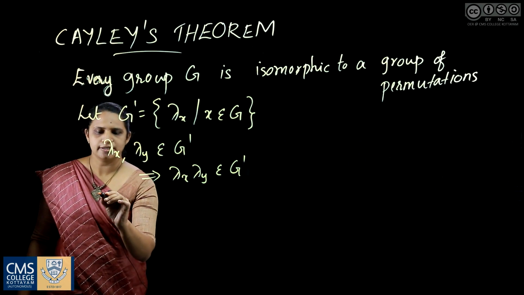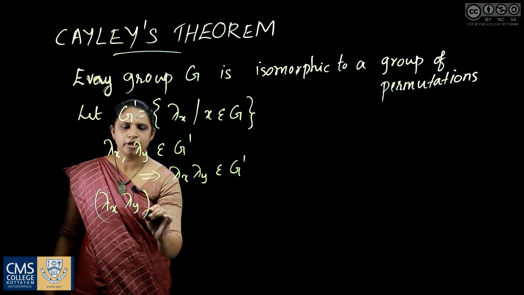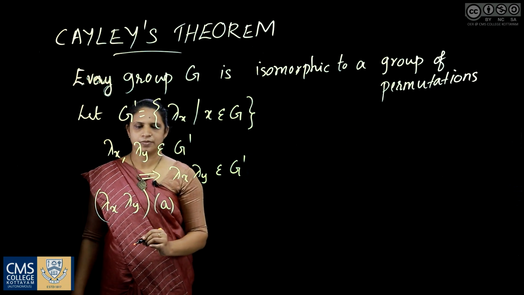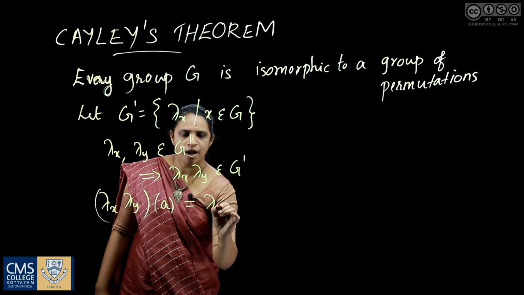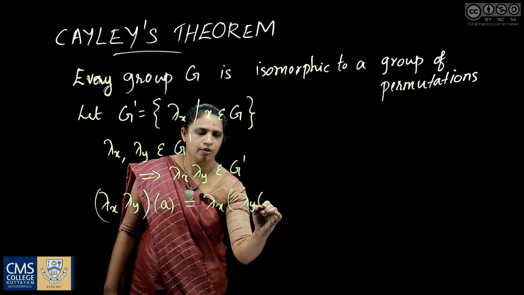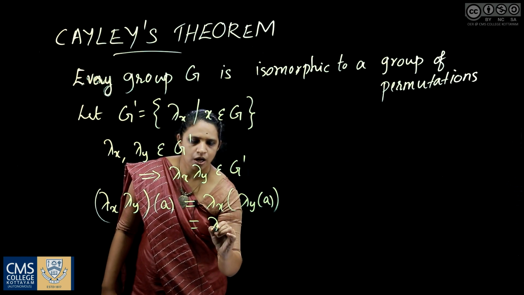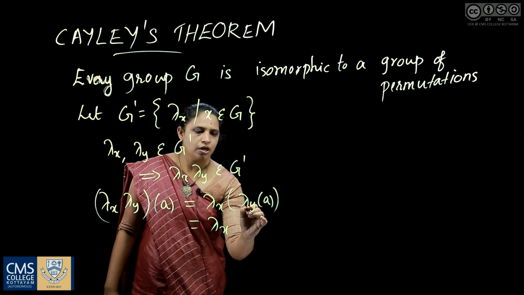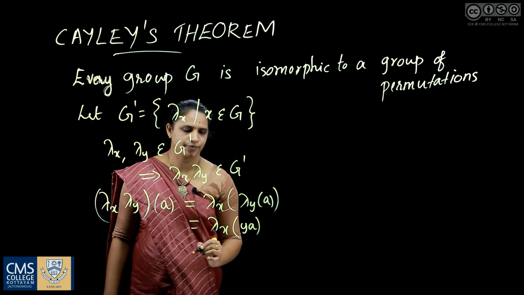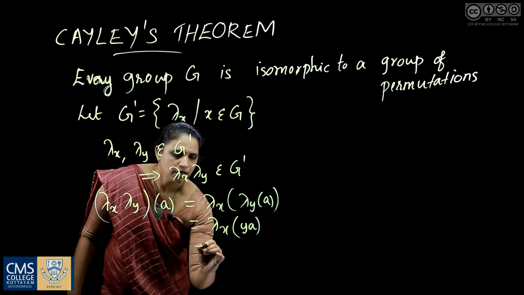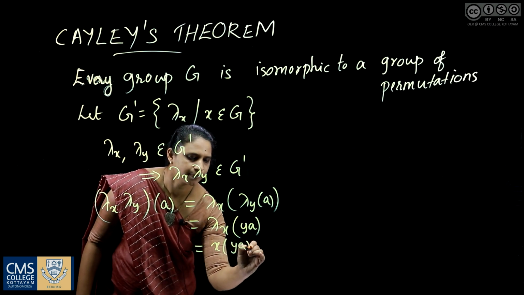So, first we consider λ_x∘λ_y operating on an element a, where a belongs to G. So, this is equal to λ_x(λ_y(a)), and this is the same as λ_x(y·a), and again λ_x(y·a) implies x·(y·a).